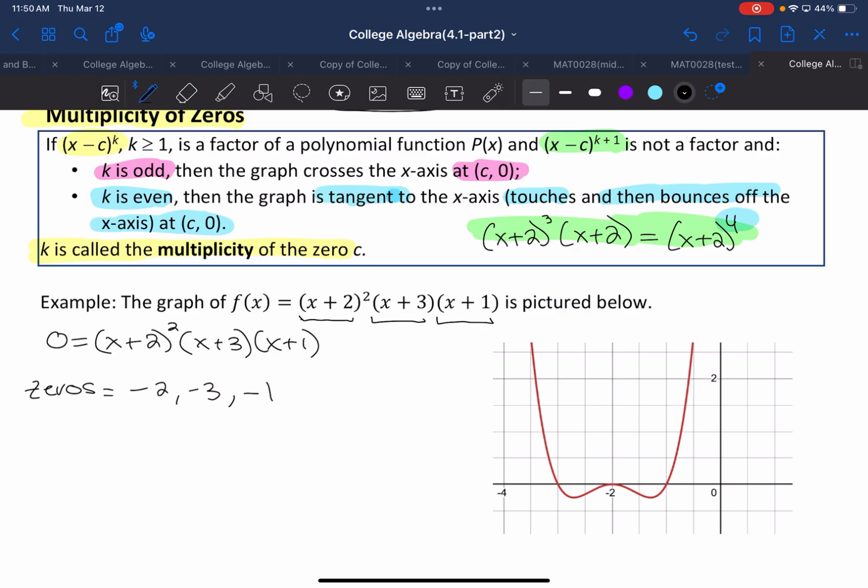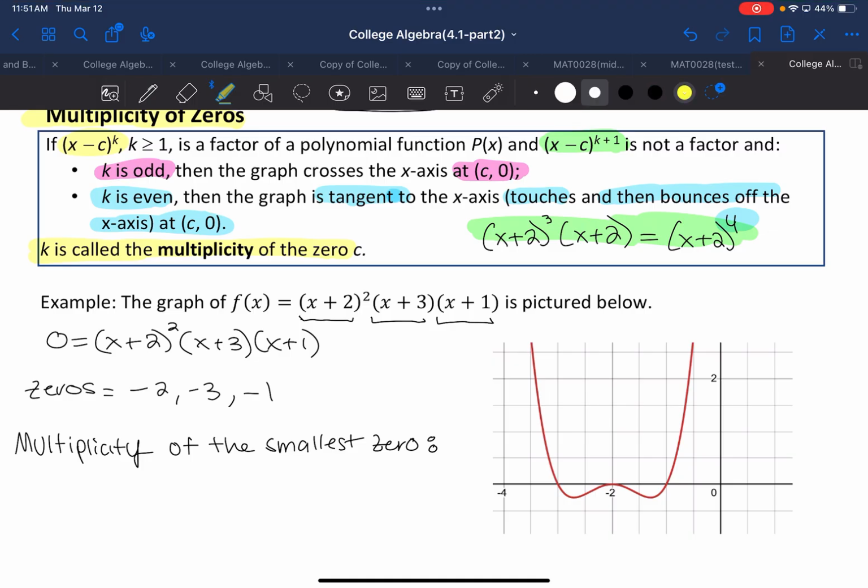Okay. The multiplicity, and I'm going to go ahead and write it like this because this is how Pearson will sometimes say it and it can be confusing. But they'll say, what's the multiplicity of the smallest 0? Well, the smallest 0 is -3 because -3 is the smallest number out of that list.